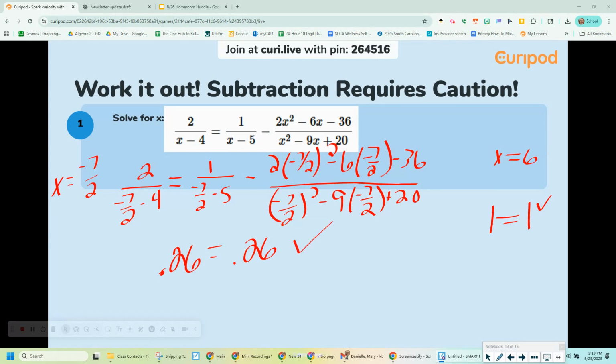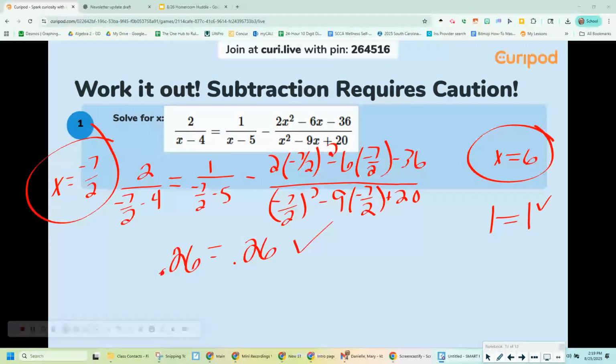So those are both solutions and I'm good to keep both of them. I do not need to reject either one because they do not make an undefined term when plugged back in. If they came up with x equals 0, then I would reject the solution. Do that all on the calculator in Desmos, however you like, but make sure you're checking for those extraneous solutions.